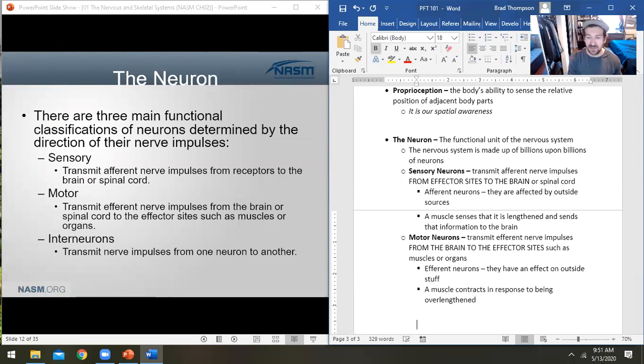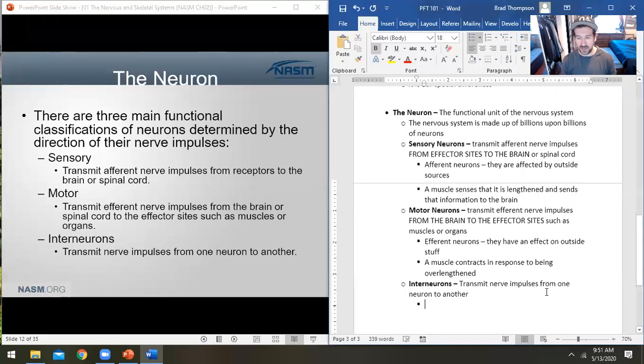And then obviously we've got to be able to get information from the brain to these sites or from these sites to the brain. So we have interneurons that are all the ones in between. Interneurons are going to transmit nerve impulses from one neuron to another, right?